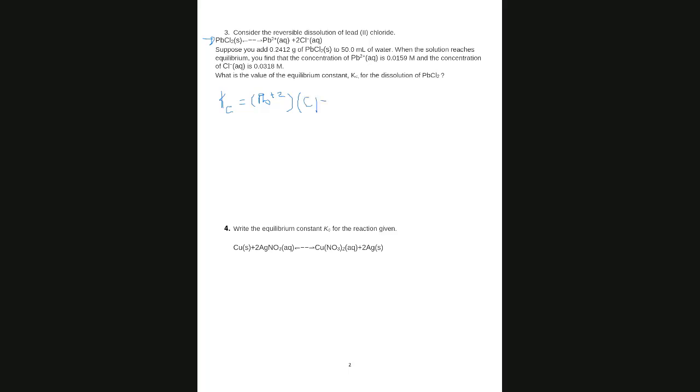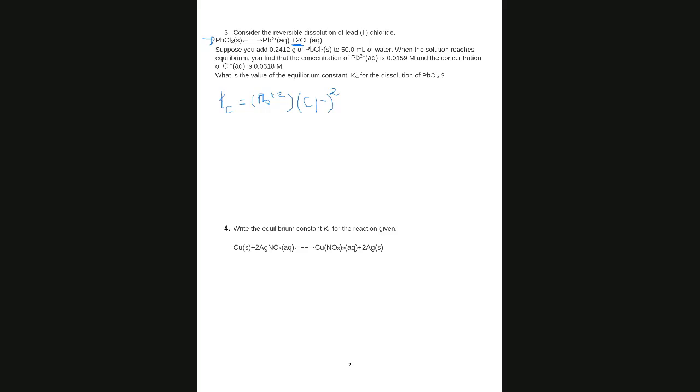What am I forgetting? Raised to the balanced equation coefficient. Don't forget that. We have a 2 here. So the chloride is raised to the second power.